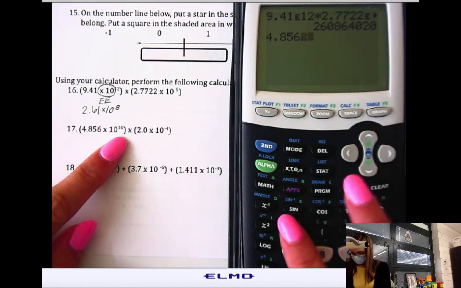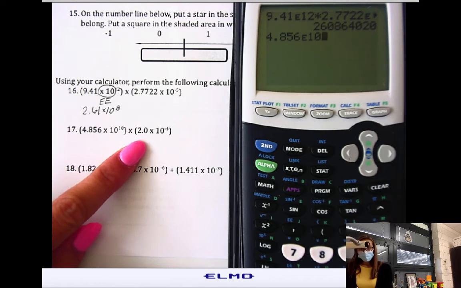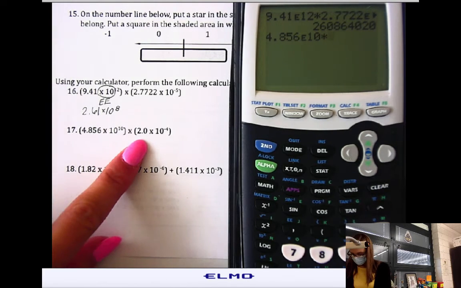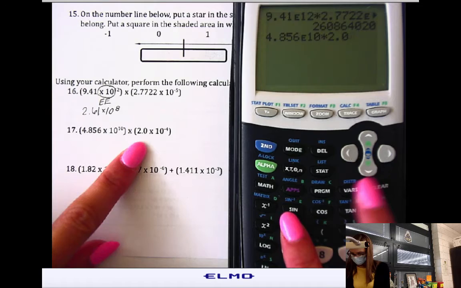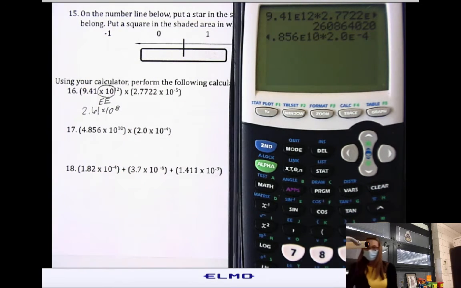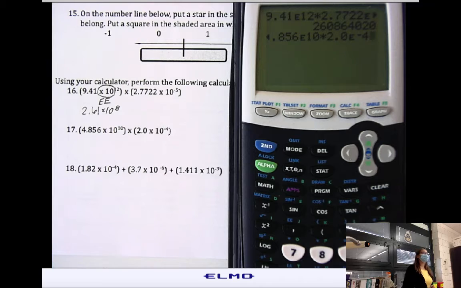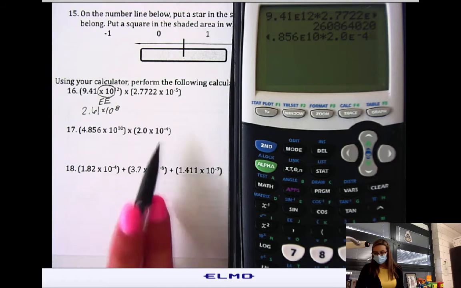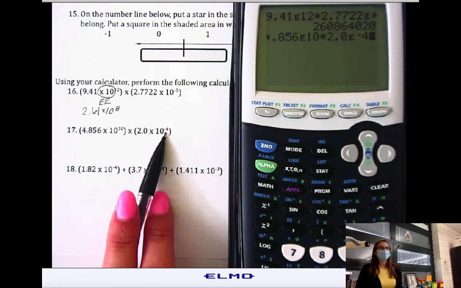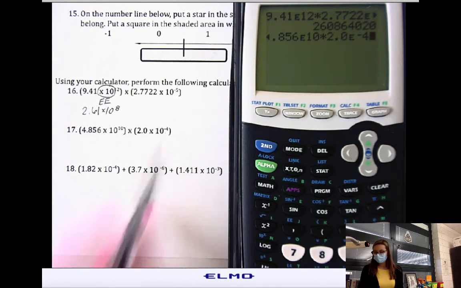4.856. So this is what it looks like when you put it into your calculator. You just have that E, and then you have the exponent. Notice for the second number, it's E negative 4, because in the problem here, the exponent's negative 4.